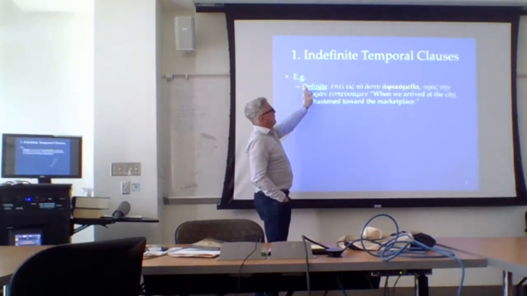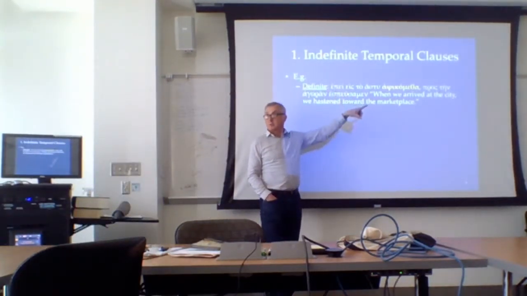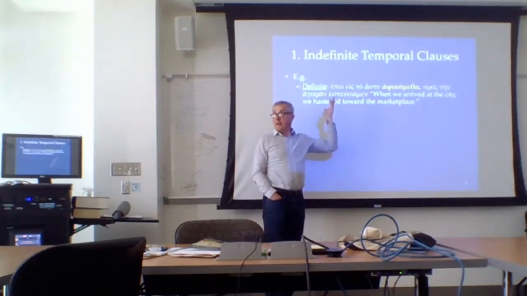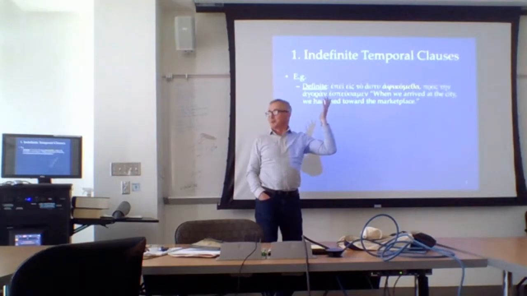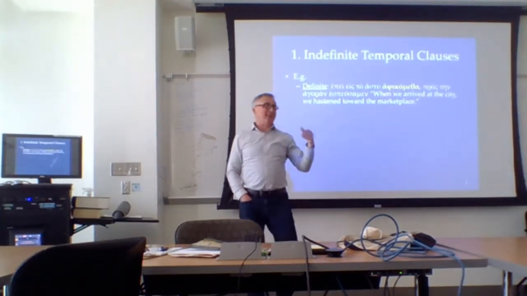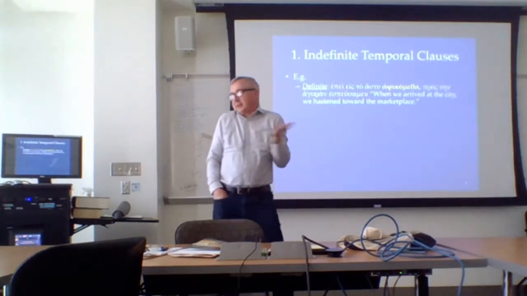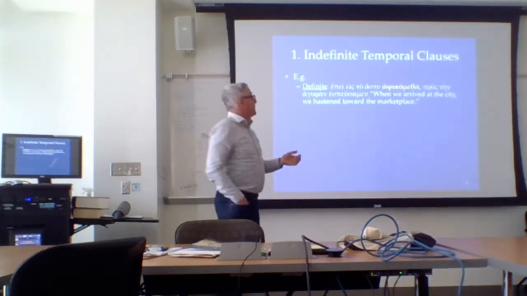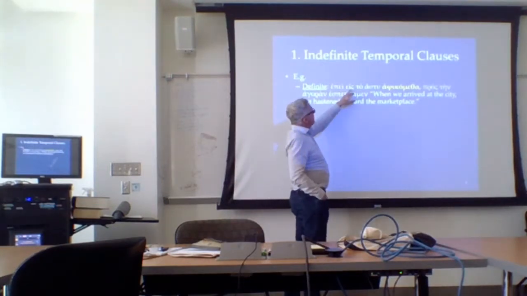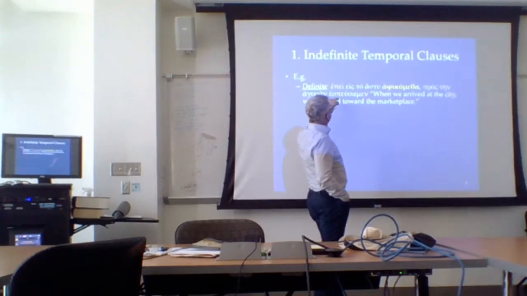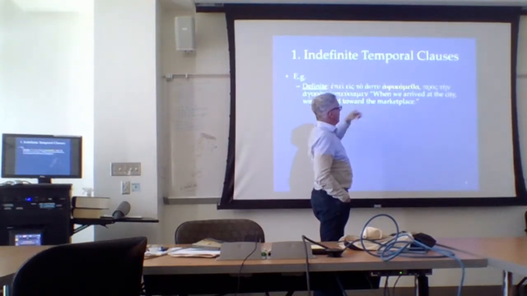Here is a definite temporal clause. When: you've seen this before, epei, right? When is several words; the other one is hos, which is used for everything, in the same way that English uses that for everything. The Greeks feel entitled: listen, if we're going to use that for everything, we're going to use hos for everything in ancient Greek. But: epei eis to astu aphikometha pros ten agoran espousamen.